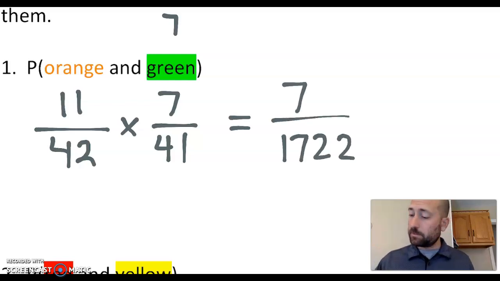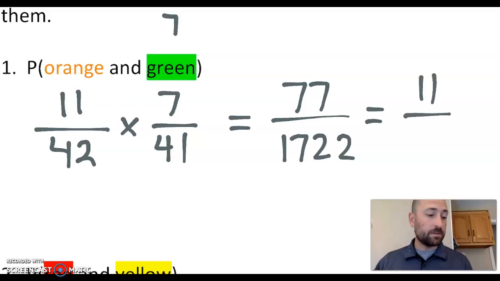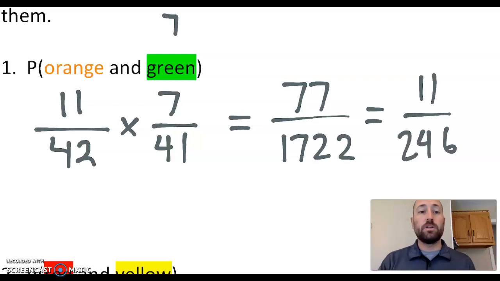And 11 times 7. Okay, and that is our probability of getting an orange and a green. And you're going to see that the denominators are going to constantly change as we go here. So if I divide both by 7, I'm left with my simplified probability. Okay, pause the video here, try these out.